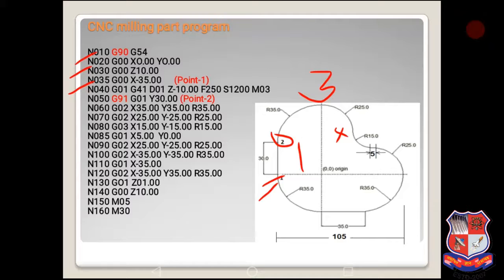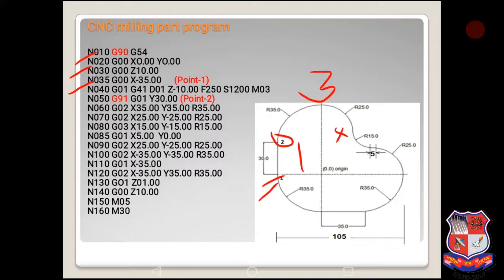Why did we write G03? Because now the movement of the cutter will be in anti-clockwise direction and the radius is given, that is 15 mm. So we use G03 command with x value 15 mm and y once again in minus, but it is 15 because our reference point is this 0 0 and the tool travels below that 0 value, that's why we wrote minus 15.